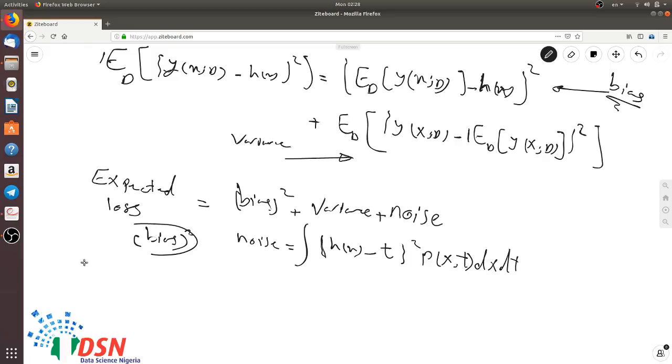So if you have a very flexible model, it means that if we have complex models, flexible models, which could fit any kind of training data, so they are really complex models, then we will have low bias, but on the other hand, because there is a trade-off between bias and variance, we will have high variance.